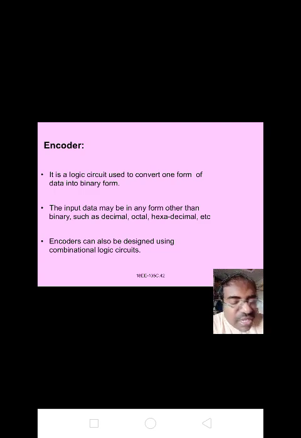Once again, it is a logic circuit which is used to convert one form of data into binary form.